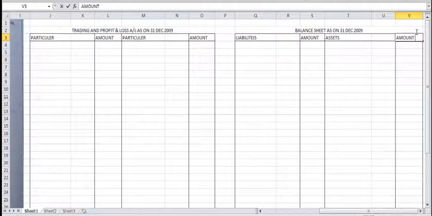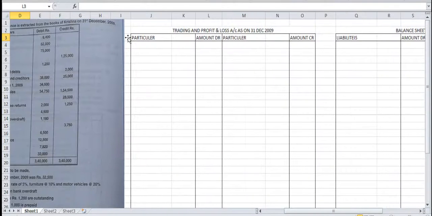Here also you can write credit, and here debit amount. Now let's go for all the entries.